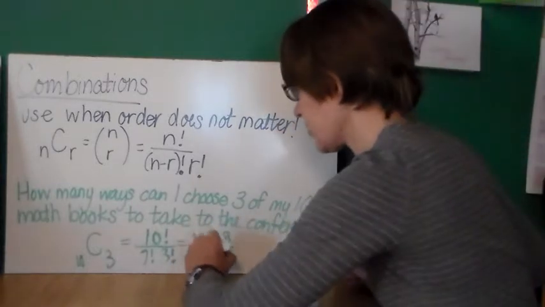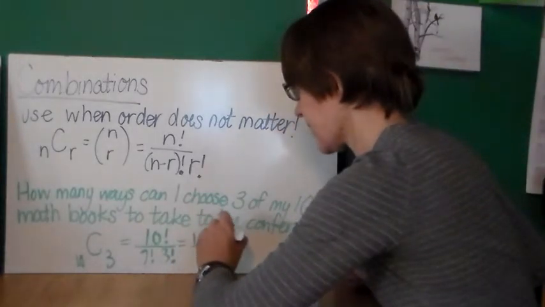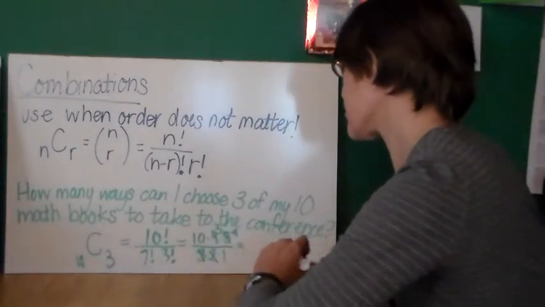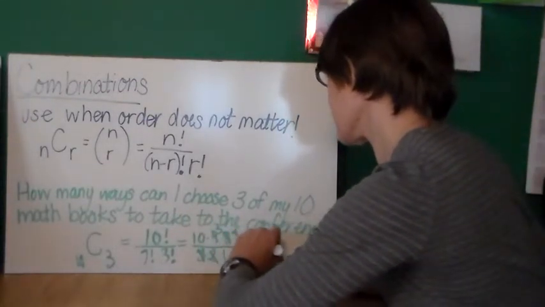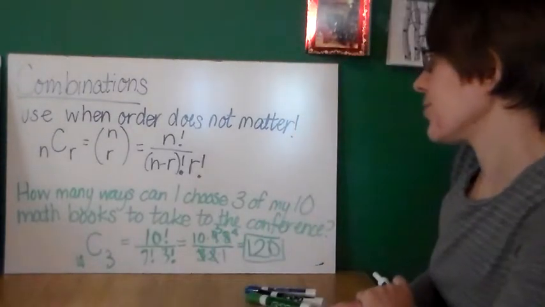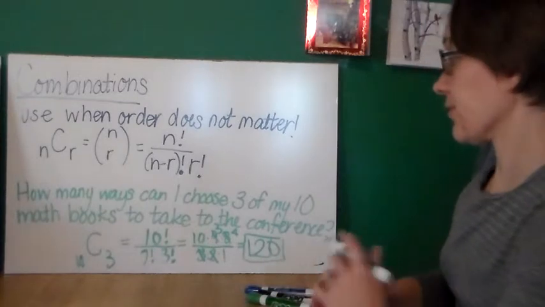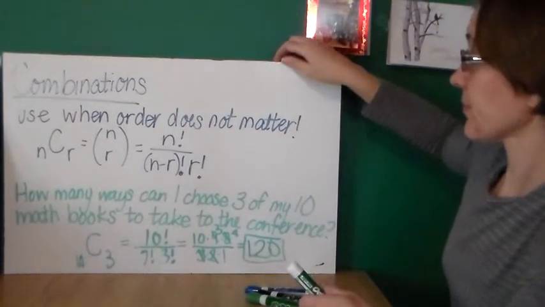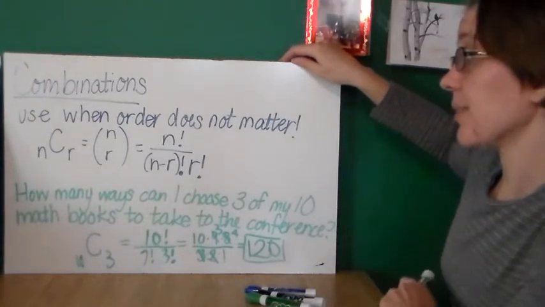And then I'm just going to do some reducing. So 10 times 3 is 30, times 4 is 120. So overall, I can choose 120 different ways. Okay. So that's a combination problem.